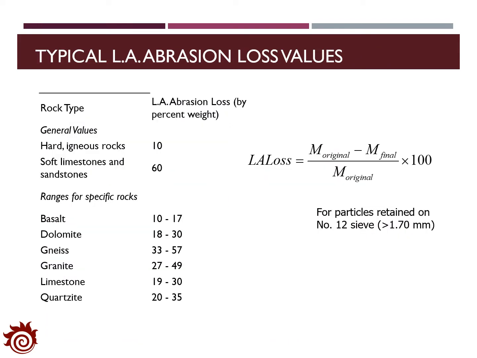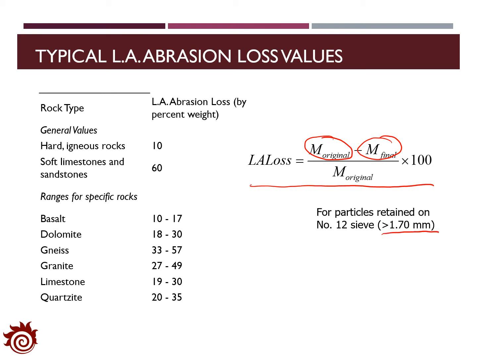There are some typical Los Angeles abrasion loss values for different aggregates. Basically, the LA abrasion loss value is defined as the percentage change of the aggregate mass before and after the test. The equation here shows how to calculate the loss value. Basically, the mass before and after the test are all weighed as the particles retained on number 12 sieve, with the grain size higher than 1.7 mm.